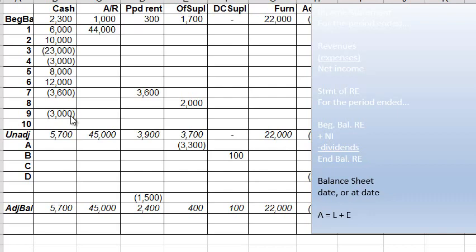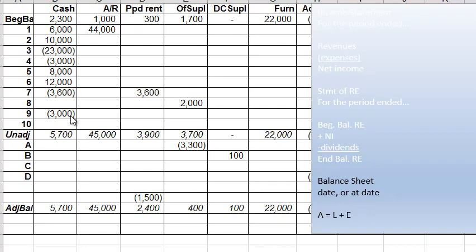The $23,000 in number 3 was a payment for the current year's wages. That's neither financing nor investing. That's an operating transaction. So 3 is operating. 4 is the dividend. That's a financing transaction. 5 is cash receipts from the issuance of stock, another financing transaction.